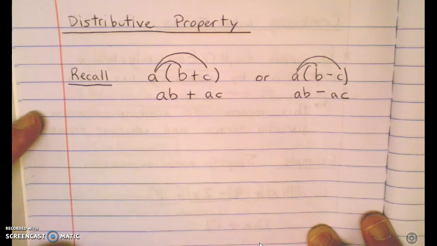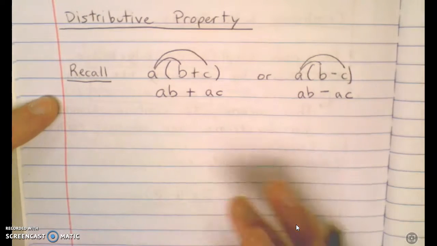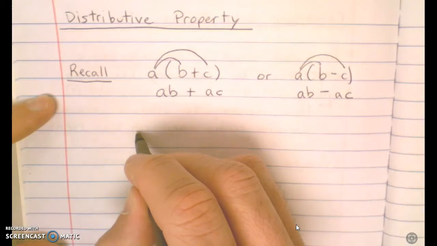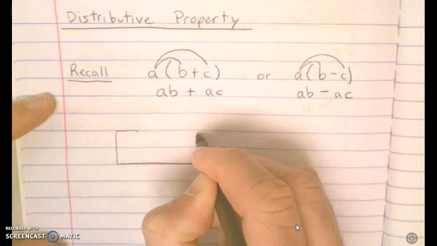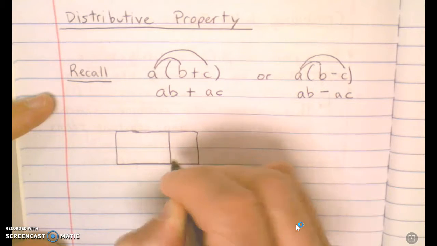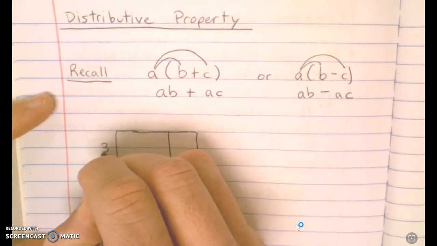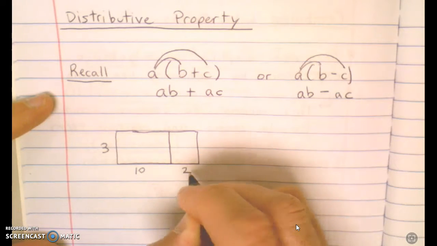Another way to look at it is using the area of a rectangle. Let's say I gave you a rectangle that looks like this. And we'll say that this side length here is 3, this side length is 10, and this side length is 2.